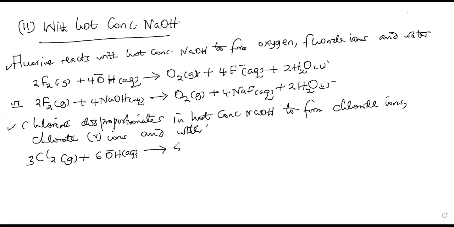In balancing, you form 5 bromide ions. Oh, we are looking at chloride. So you shall form 5 chloride ions plus chlorate 5, and then water.